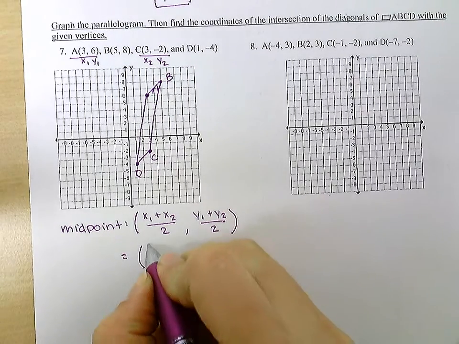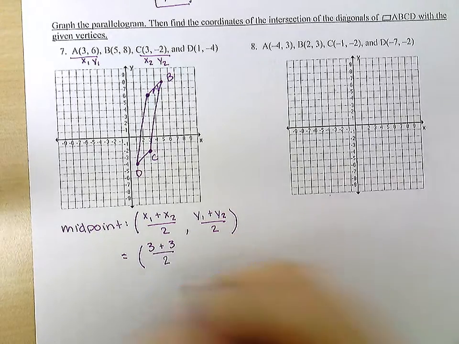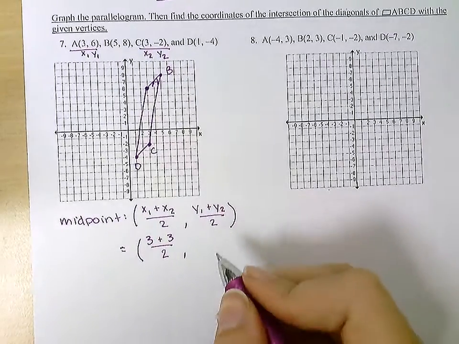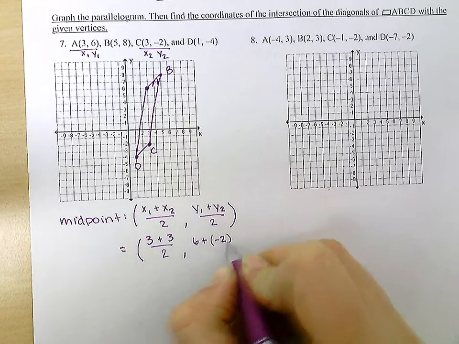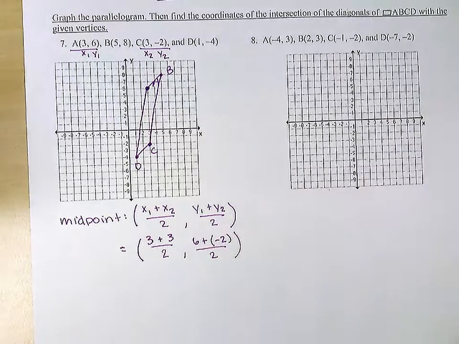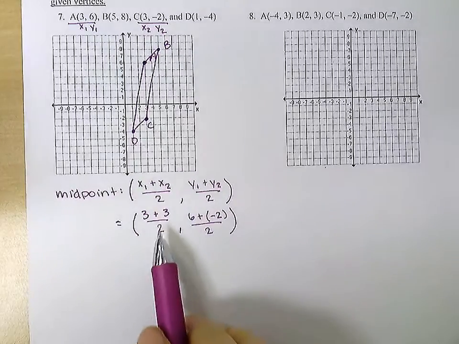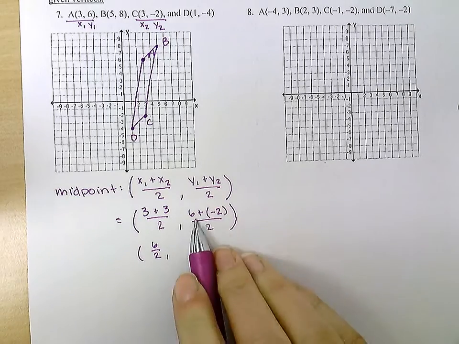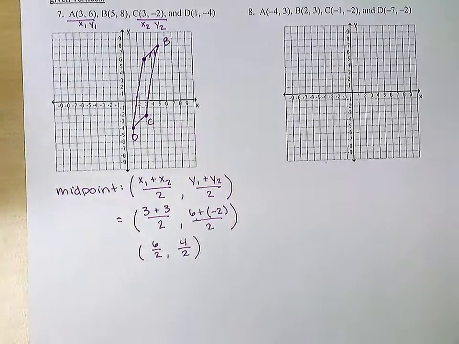Okay, so x1 is 3, x2 is 3, divided by 2. y1 is 6, plus y2 is -2, divided by 2. So we have 3 plus 3 is 6 over 2, and 6 minus 2 is 4 divided by 2.